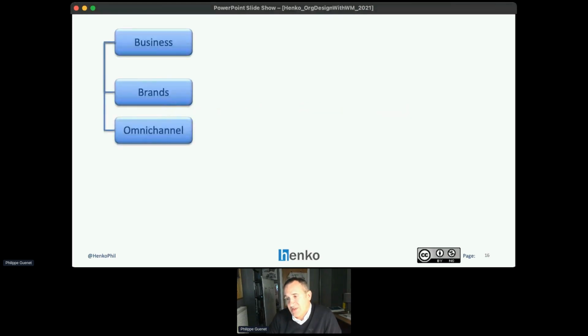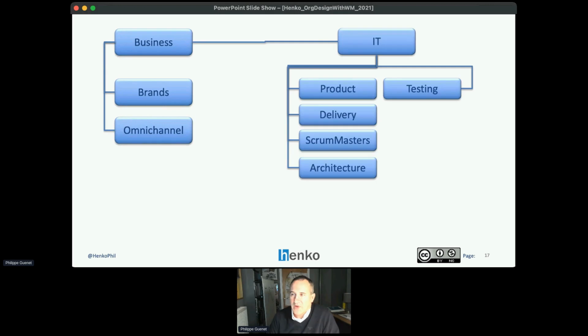And how the business is organized. Of course, the first thing you look at is the organization, the organigram. On the business side, you've got some brands that they go to market with, and some teams that look after the omni-channel, so wherever the customer tends to be buying from. And then IT tends to be organized in terms of product, delivery, quite importantly Scrum Masters or Agile, architecture, testing.